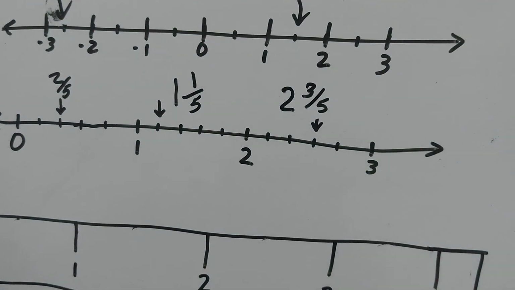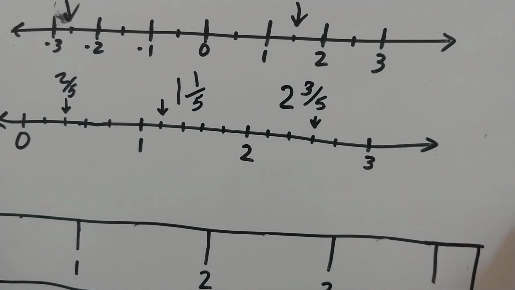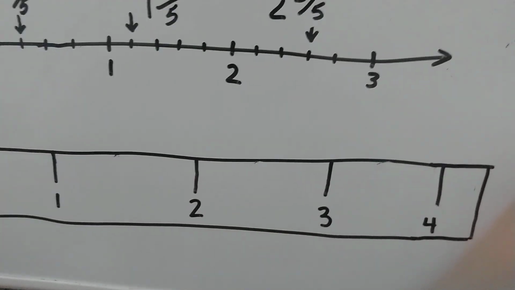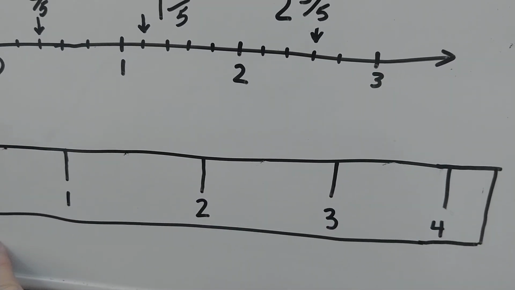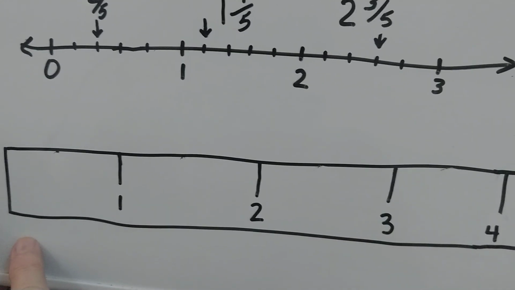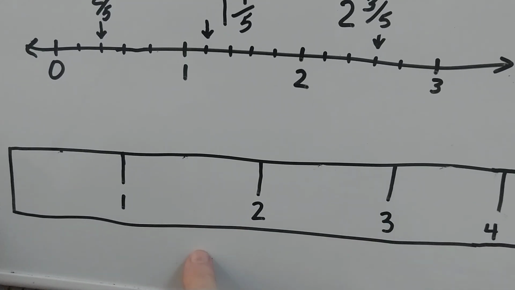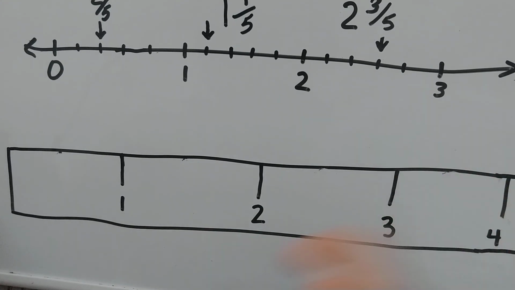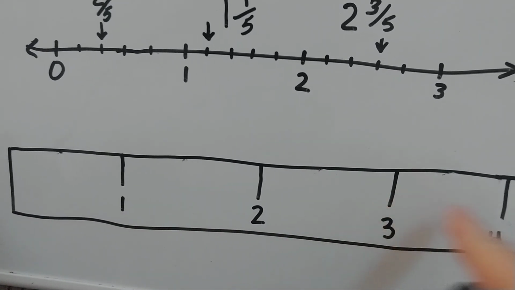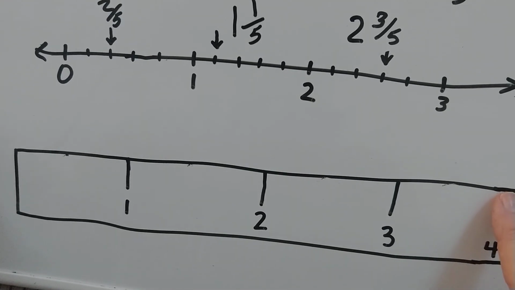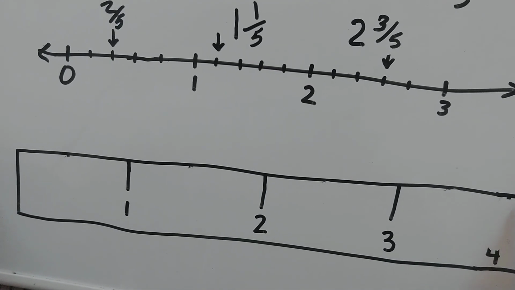All right, so now we're going to talk about a ruler because a ruler is divided into fractions so that you can make precise measurements. So let's pretend like this ruler is blown up big so that each one of these represents 1 inch. Let's move this over a little bit.